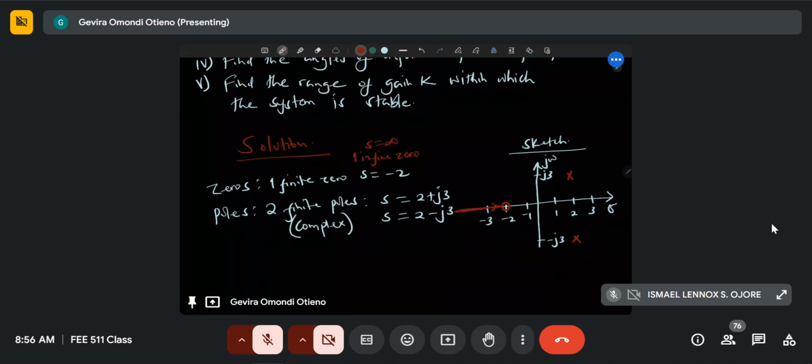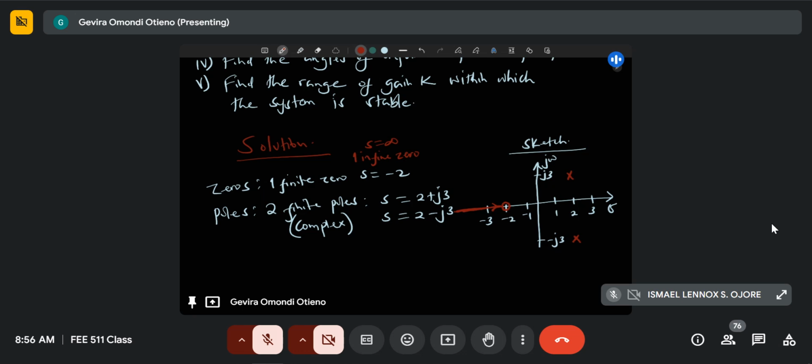Now, the other thing we should know is that the poles always travel symmetrically about the imaginary axis, and they are also conjugate. So usually they don't travel in a straight line. They travel in an arc that is symmetrical about the J omega axis.